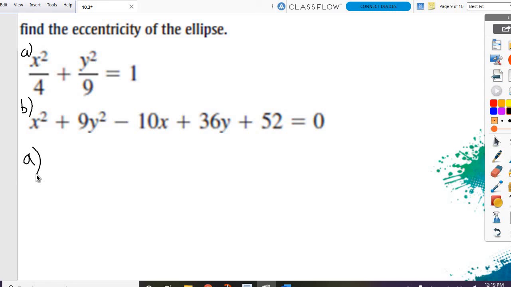So what is our A value for our first one? 3. Because remember, your A value has to be bigger than your B value. So in this case, it's underneath my Y. What would our B value be? 2. So then we could use our equation.